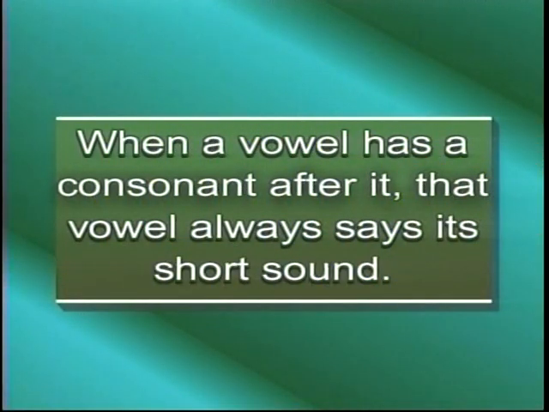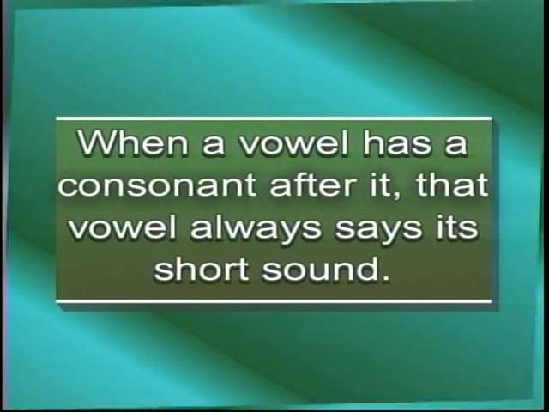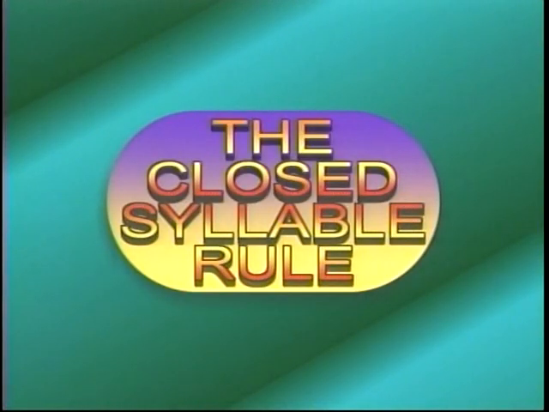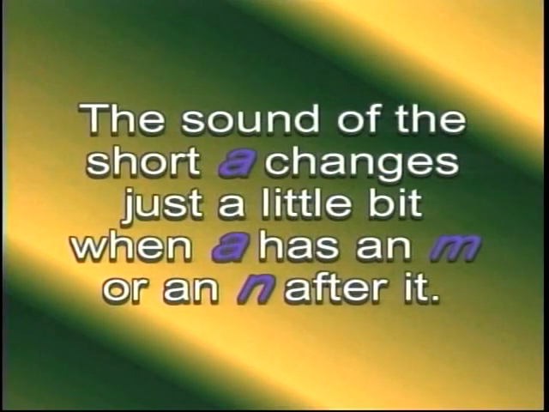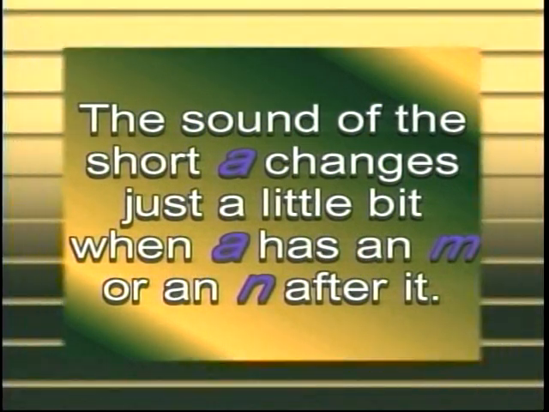When a vowel has a consonant after it, that vowel always says its short sound. This is called the closed syllable rule. The sound of the short A changes just a little bit when A has an M or an N after it.